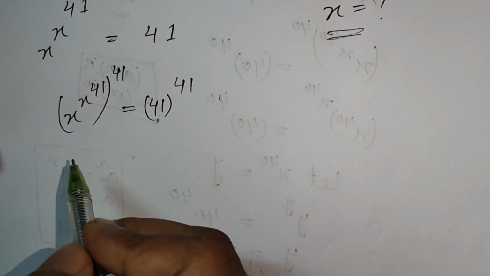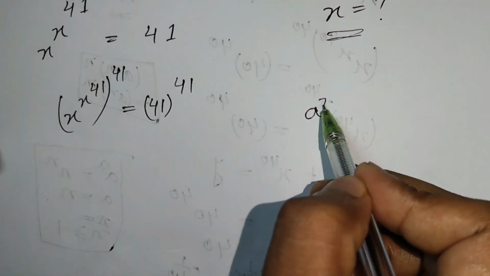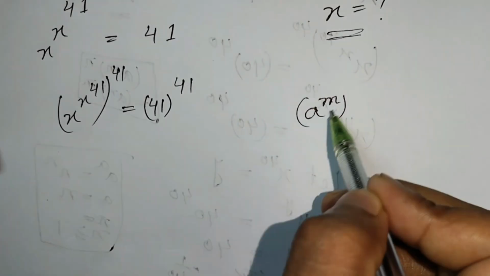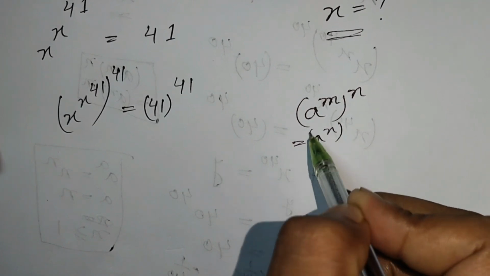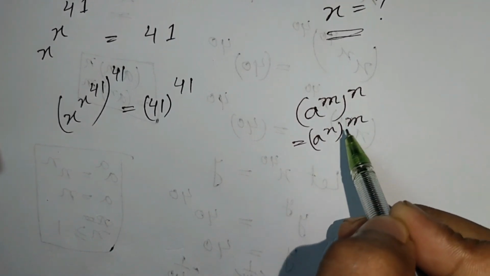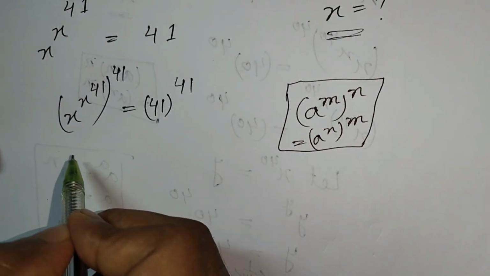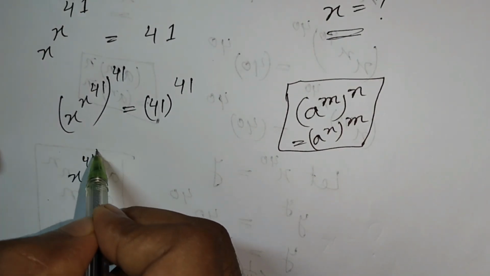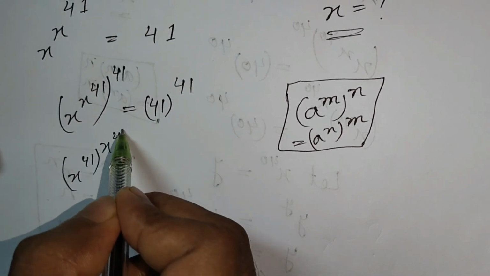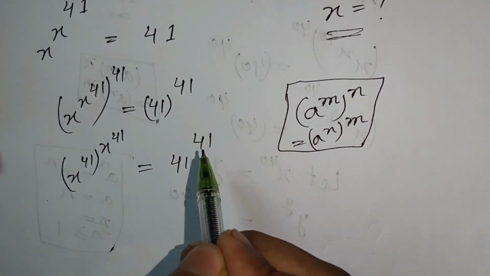Here we can apply this exponential rule that a power m bracket n is the same as a power n bracket m. So we can write here x to the power 41 bracket x to the power 41 is equal to 41 to the power 41.